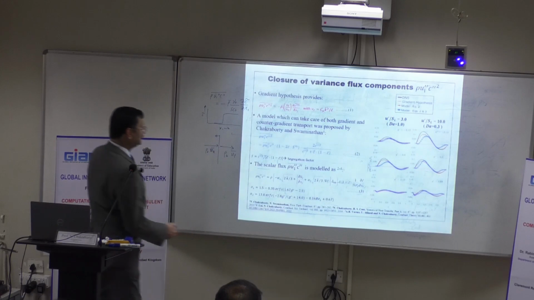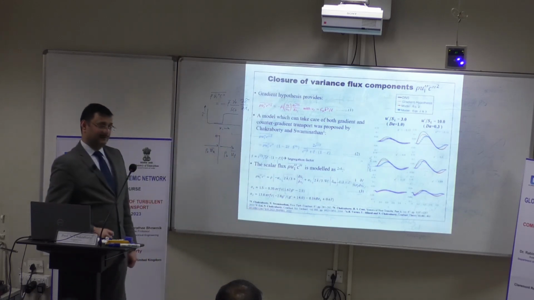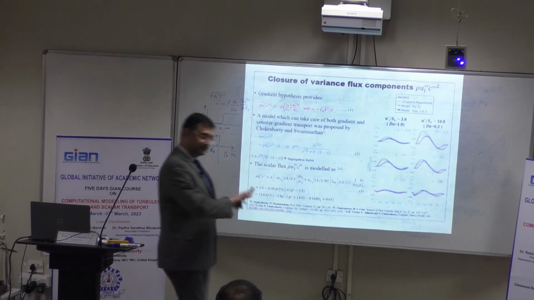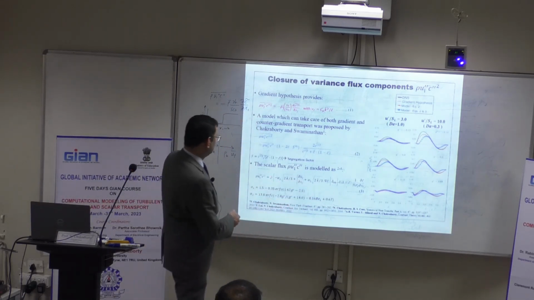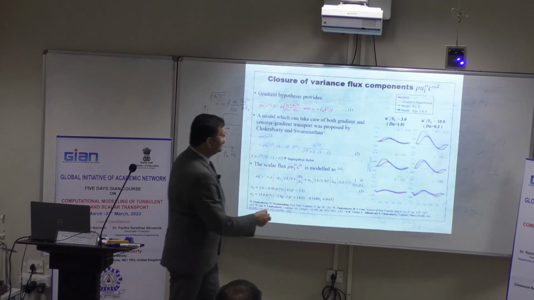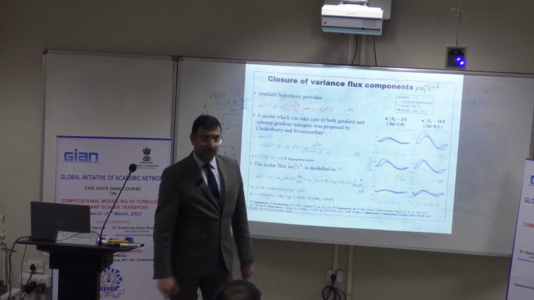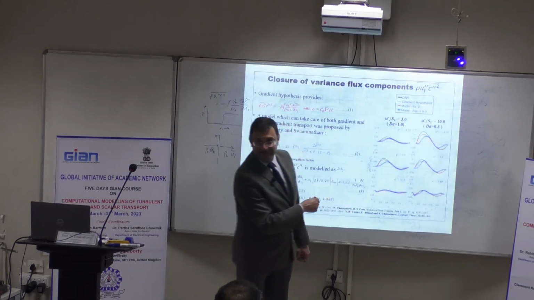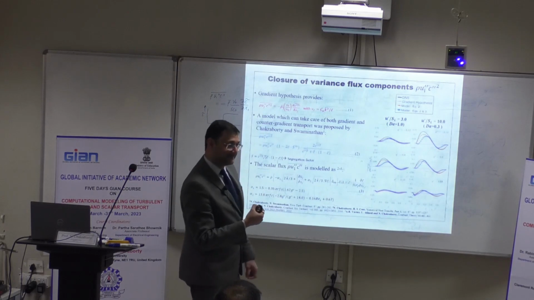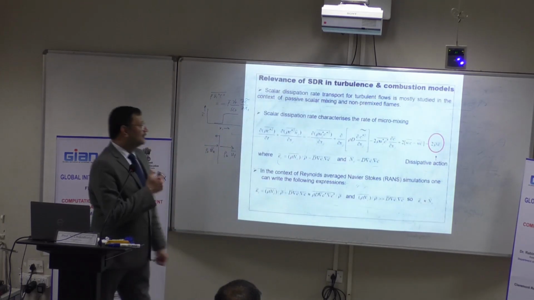So I need a model for that. We came up with a model which can handle both gradient and counter gradient transport, and once you plug that expression there, it still continues to do a good job. Obviously, there will be some variation between when I'm taking the true value of the scalar flux from DNS and when I'm modeling it. Okay.